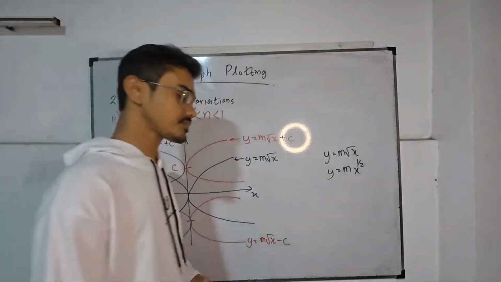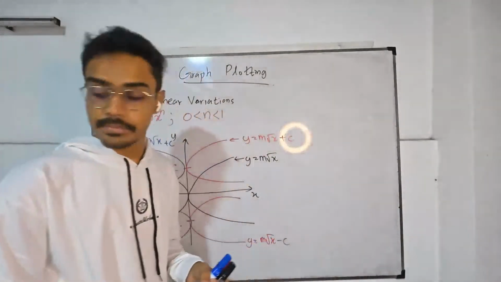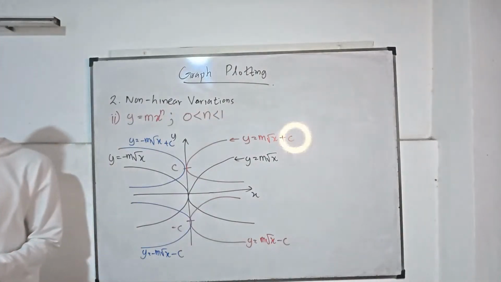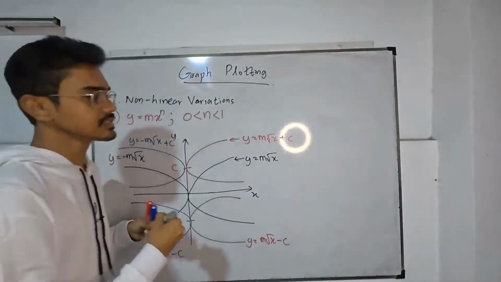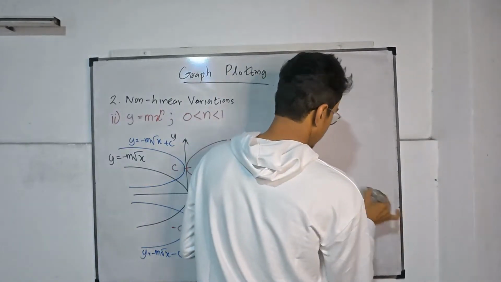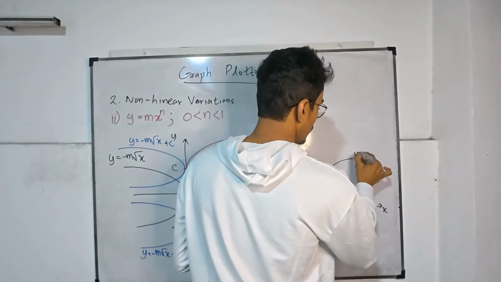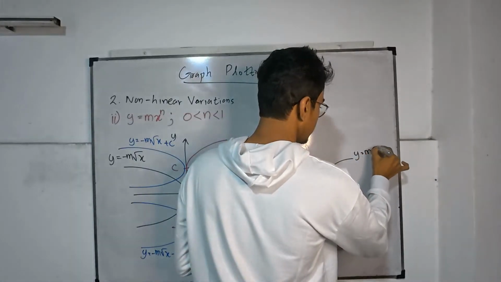Now if I summarize and compare, again I'm going to compare as I did before. If I compare these curves here, let's say this is y equals m root x.